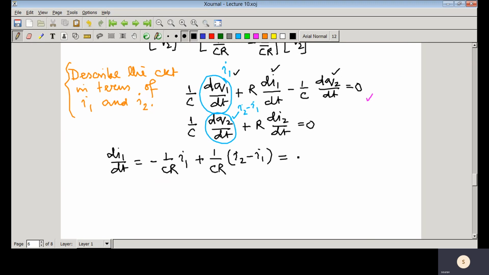So if you simplify it, you will get minus 2 by RC I1 plus 1 by RC I2.